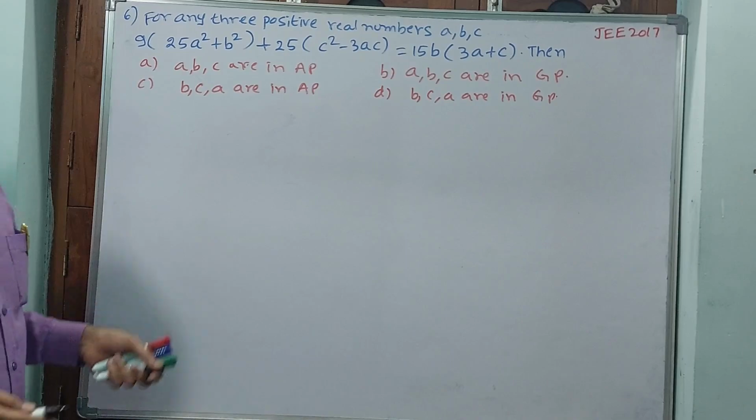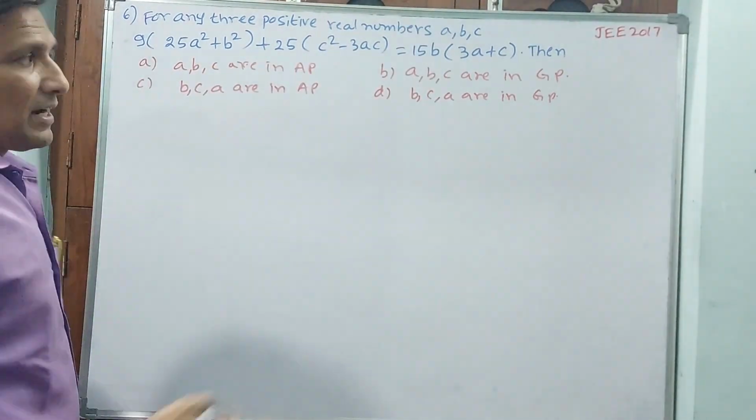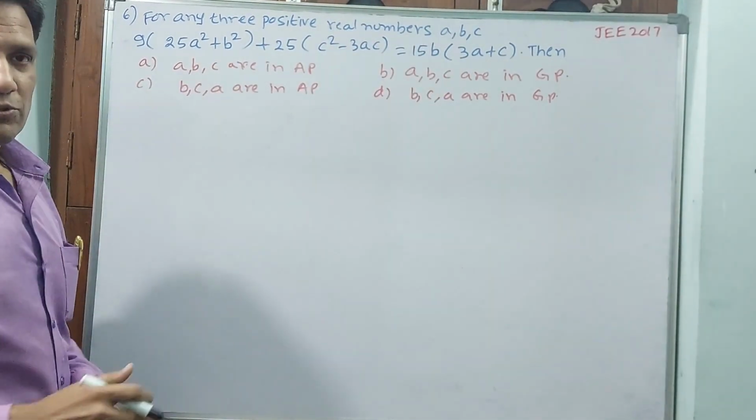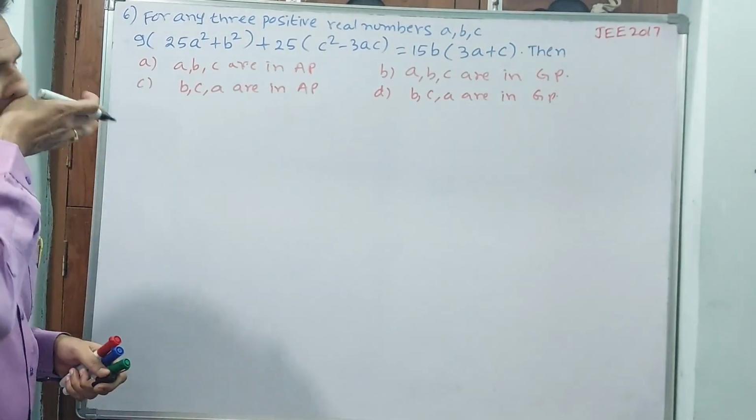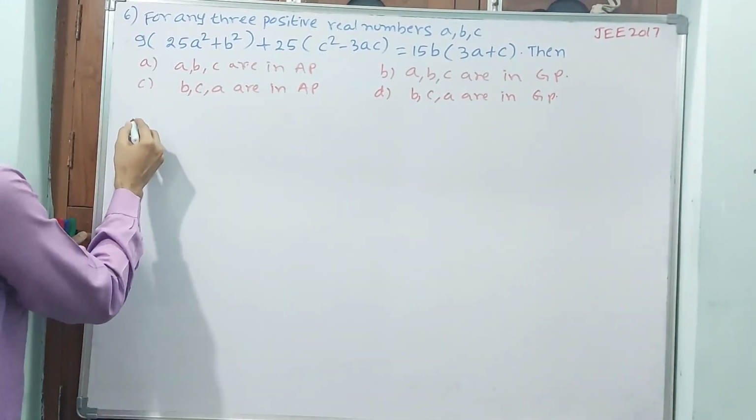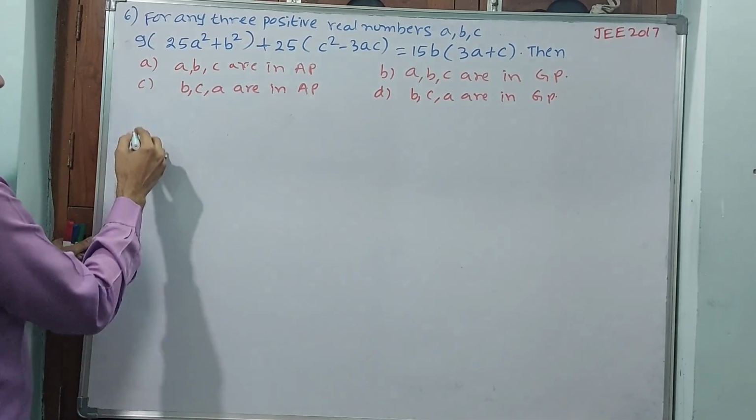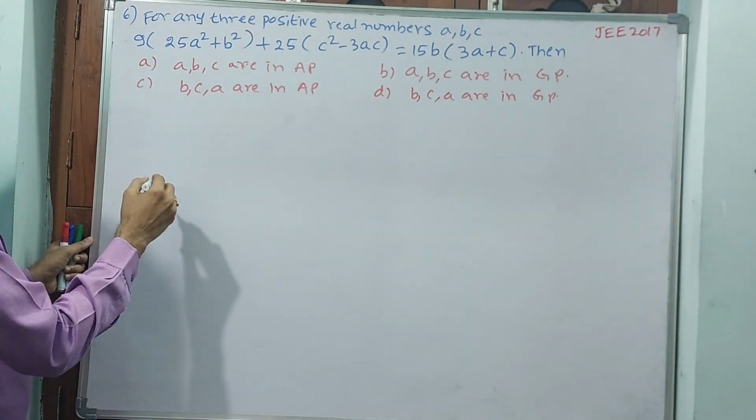Okay. Now first let me expand this and send all to one side and make it equal to 0. Then we will get some idea what to be done. Okay. See 25 into 9, 25 into 10 is 250, 225?